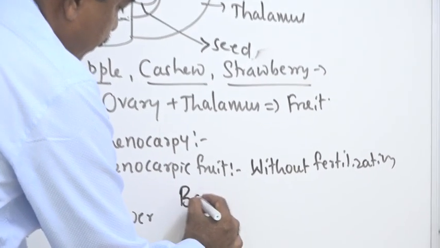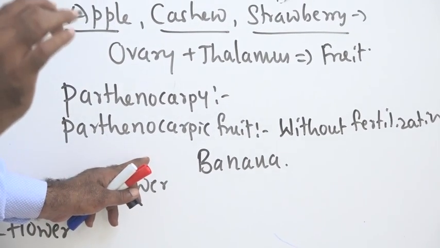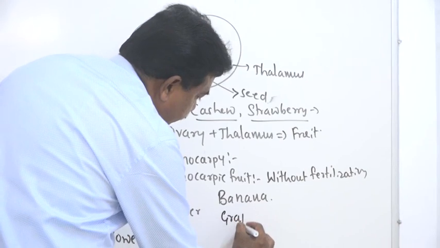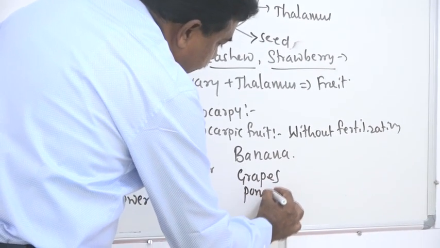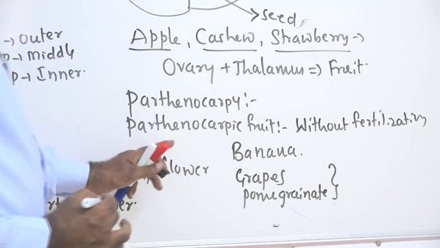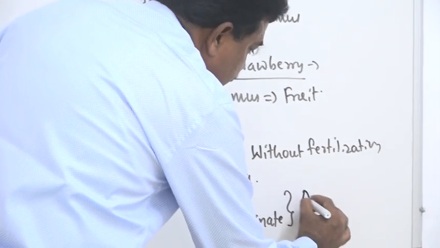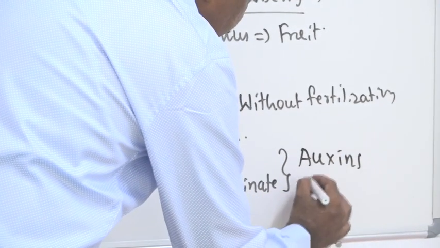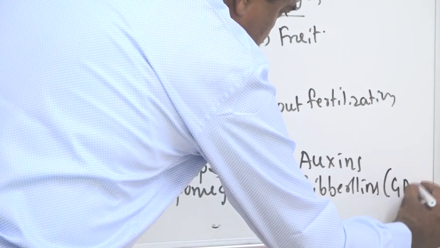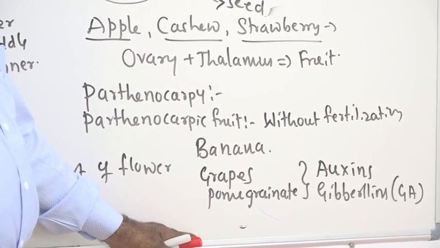Naturally, banana develops natural parthenocarpic fruits, and parthenocarpic fruits are seedless. Very recently, in grapes and pomegranate, we can induce parthenocarpy artificially because seedless fruits have greater commercial importance. For that, we generally use auxins and gibberellins. Gibberellins, in short gibberellic acid, are used as parthenocarpy-inducing phytohormones.